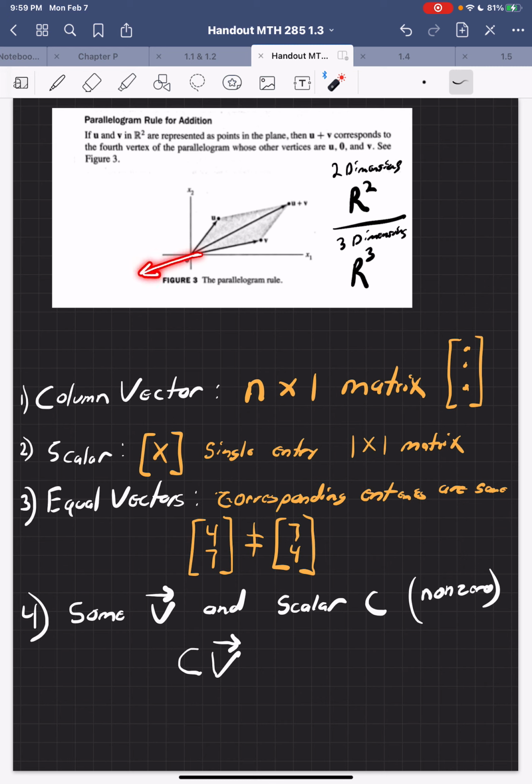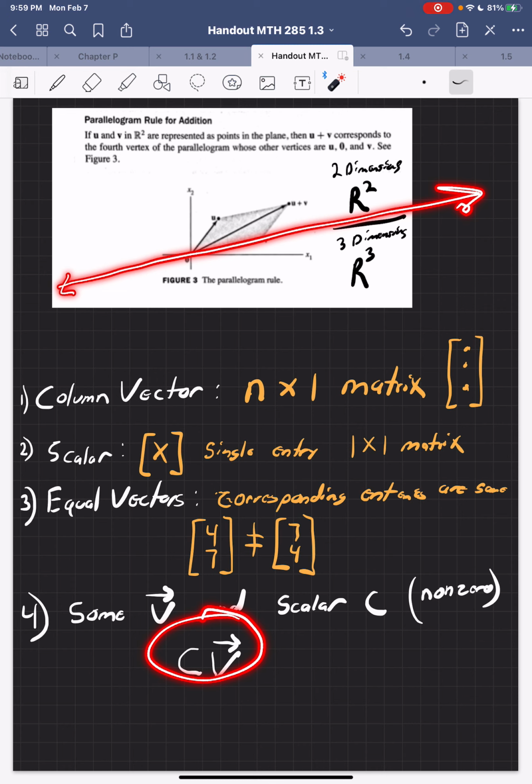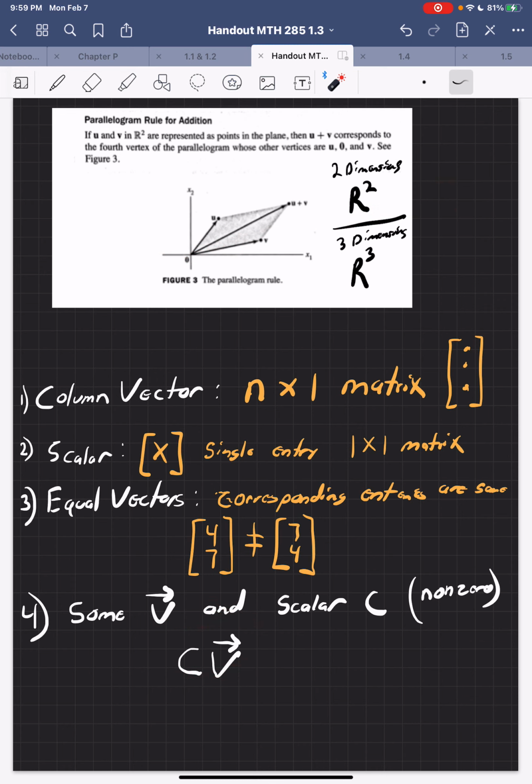And flip the direction of v. So are you with me when I say that geometrically that is the equivalent of a line? By just changing my scalar, I can increase, decrease, change direction of vector v. In other words, if I were to graph all of these possibilities, that would be a line. I think that makes sense.